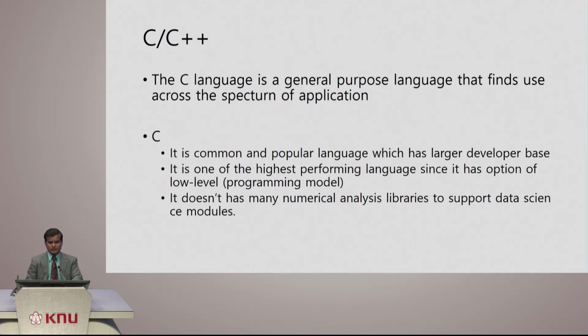Apart from that, Java is not popularly used in data science, generally speaking. So why do we want to discuss these languages? Because you are getting into learning the fundamentals of data science. It is good if you get a grasp of some of the programming languages which are useful for data scientists.